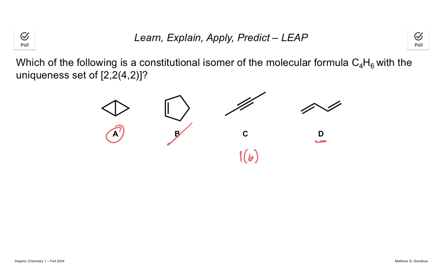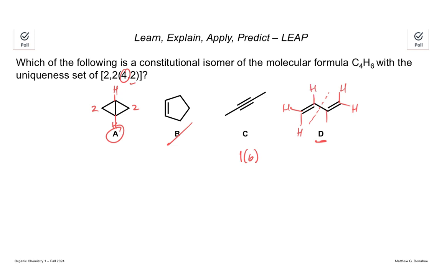So for A, you have 2 plus 2, that's your 4, and then you have this H, that's that 2. But D has symmetry, right? So this could be H, H, H, H. That would be 4.